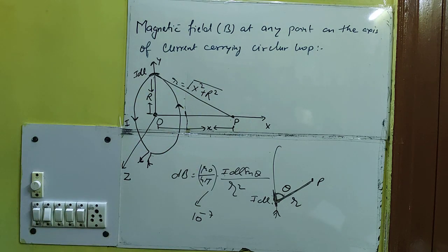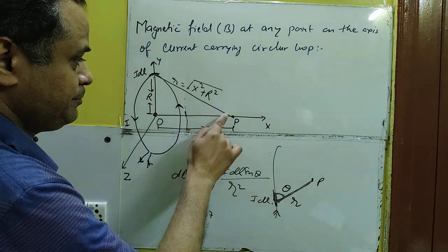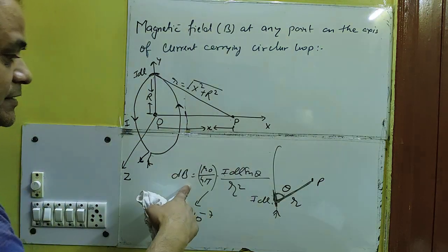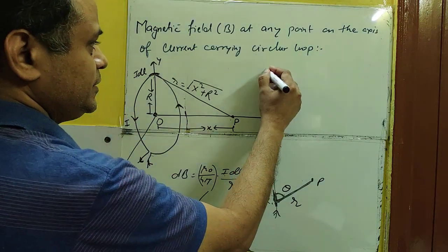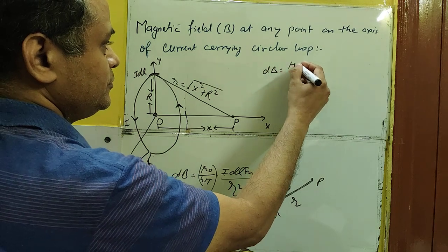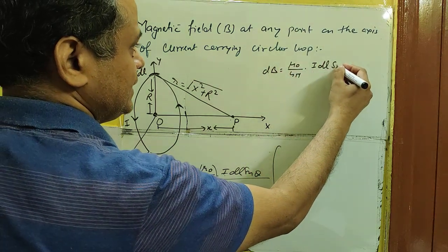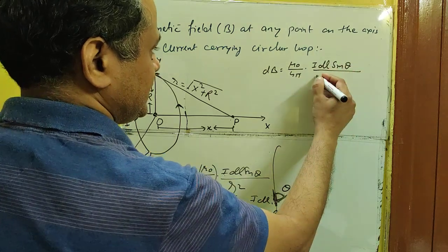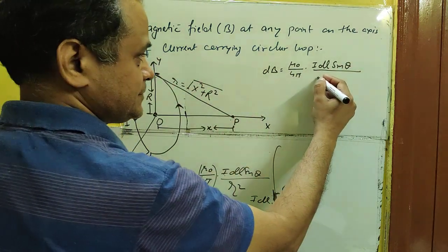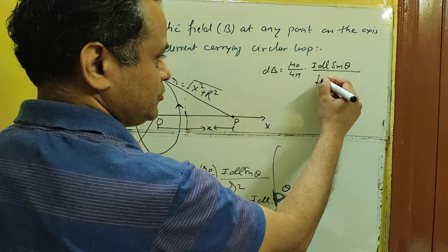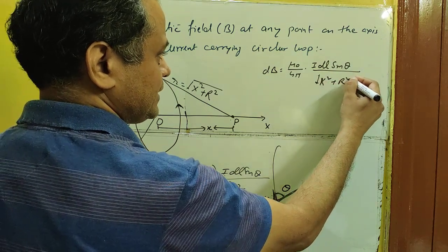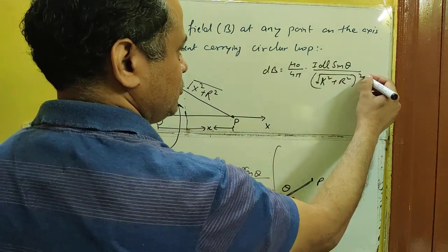So the magnetic field at this point P is given by dB equal to mu naught upon 4 pi I dl sin theta upon r, where the distance is the square root of x square plus r square, whole squared.